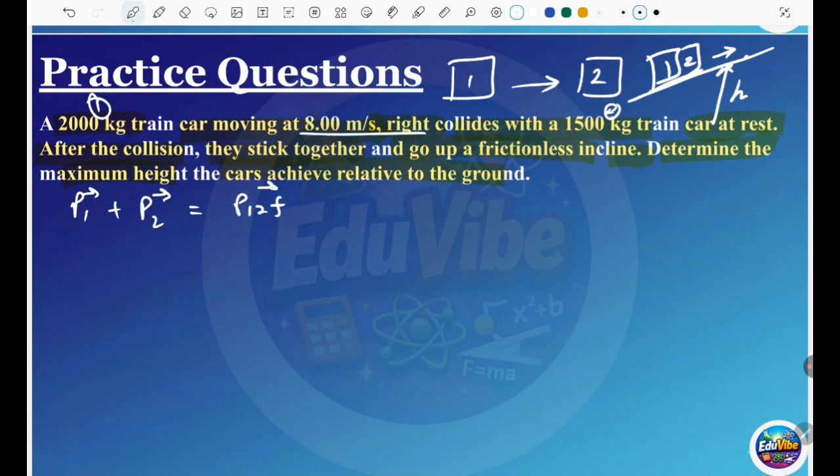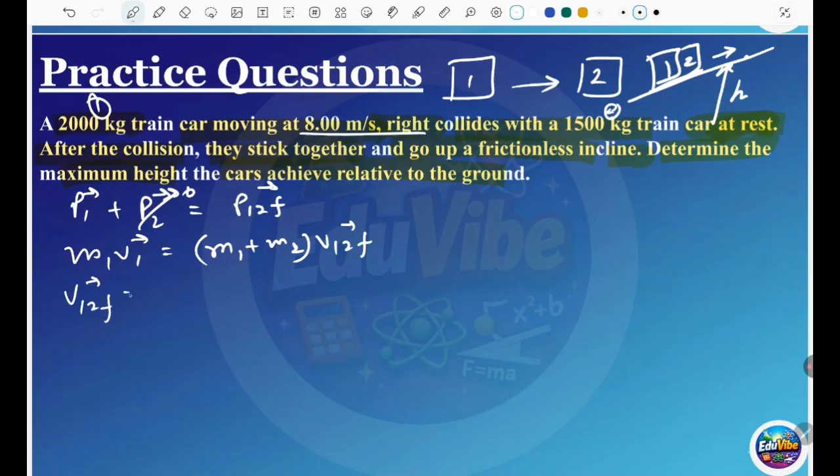All know that P2 is at rest, so it goes out. You only get M1V1 is equal to M1 plus M2 times the combined final velocity. This you have to find. So M1V1 over M1 plus M2.